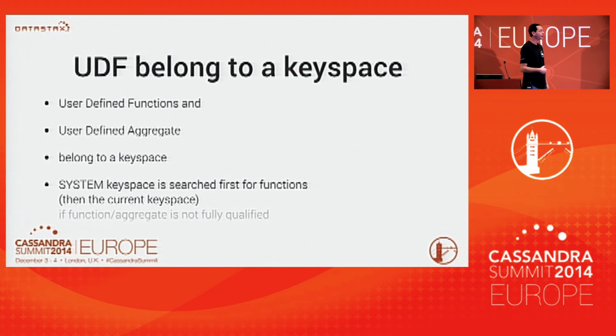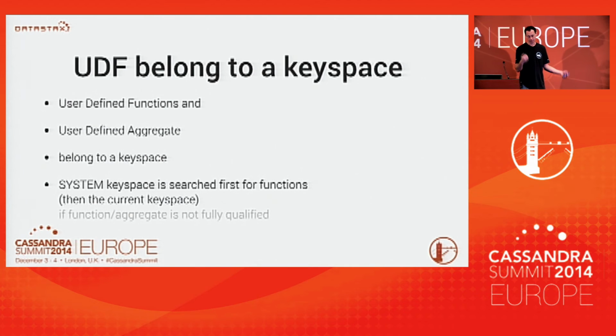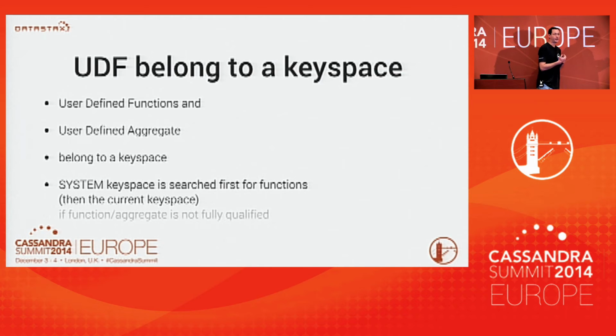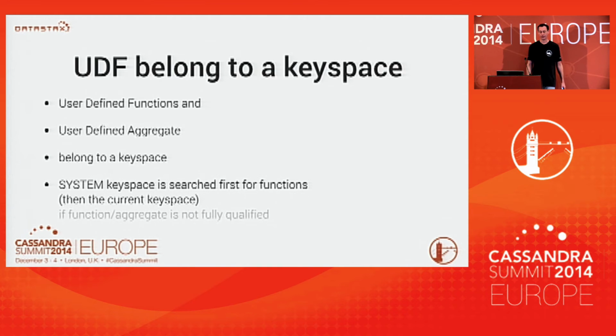So each user-defined function or aggregate just belongs to a key space, like a table or user type. If you do not specify the key space with your function, the system key space is searched first. The reason is just the native functions. To keep it backwards compatible.